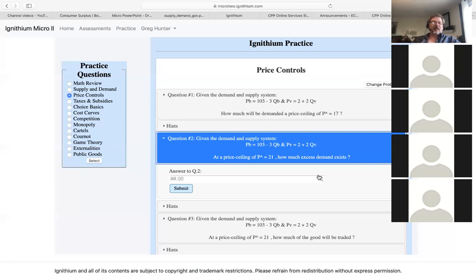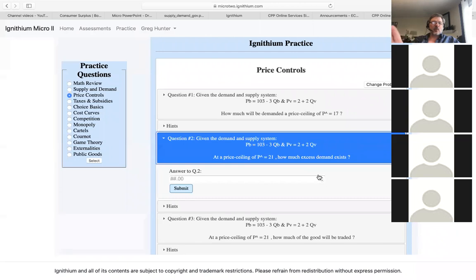So a shortage means that the quantity demanded is greater than the quantity supplied. And notice that that doesn't happen at the equilibrium price, where the lines cross. Where the lines cross, quantity demanded is equal to quantity supplied.